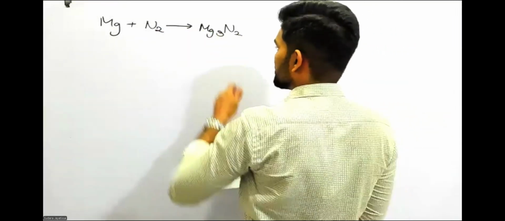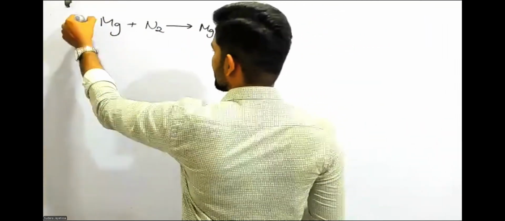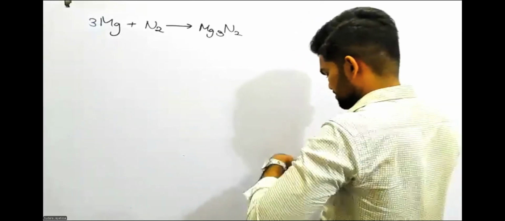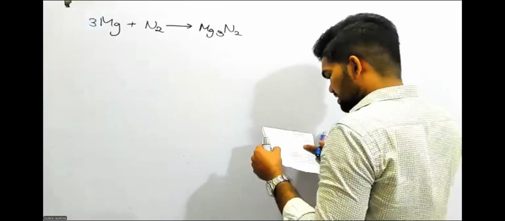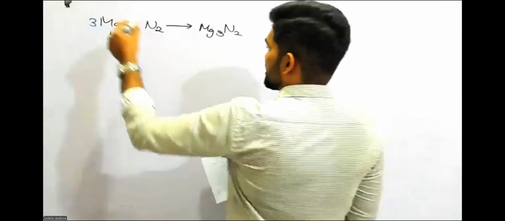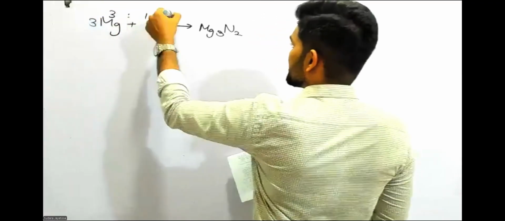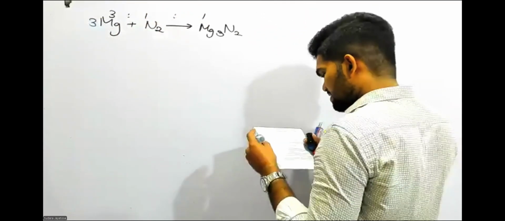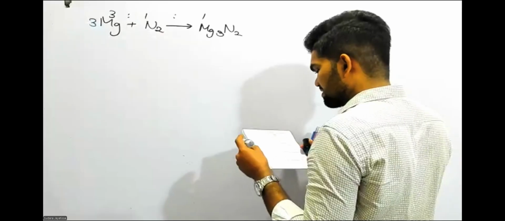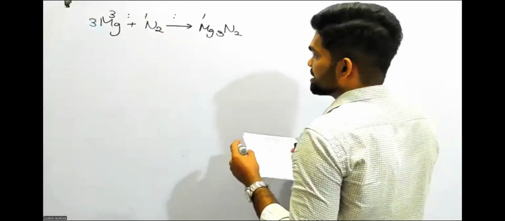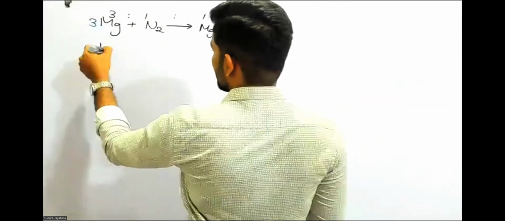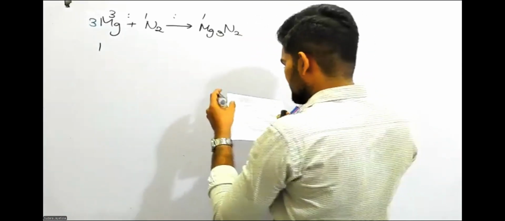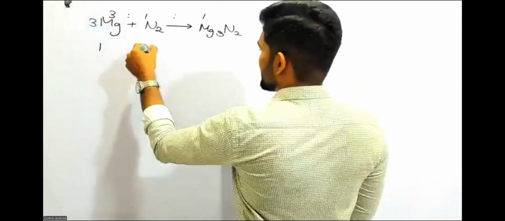N2 is there, no problem, and in front of magnesium I have to put 3. So the ratio is 3:1:1. The question says we add 1 mole of magnesium metal to react with 0.3 moles of N2.